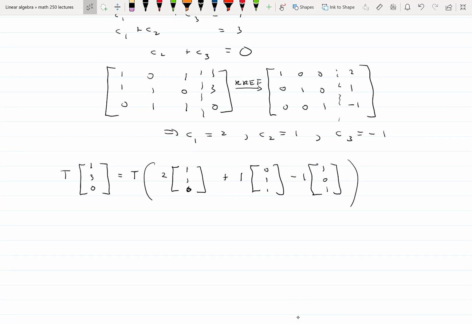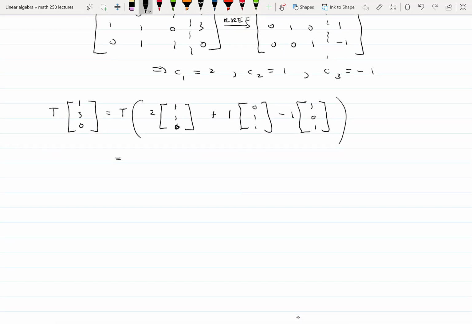I have that theorem from before that said linear combinations are preserved. This is T of C1 V1 plus C2 V2 plus C3 V3. The last part of that theorem says I can write this as C1 times T of V1 plus C2 times T of V2 plus C3, so minus 1, times T of V3.